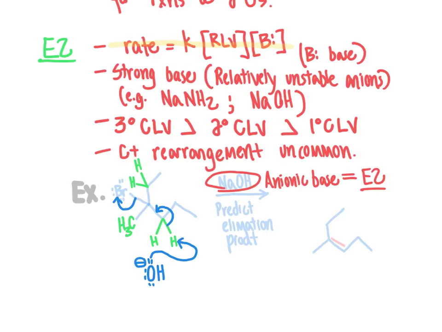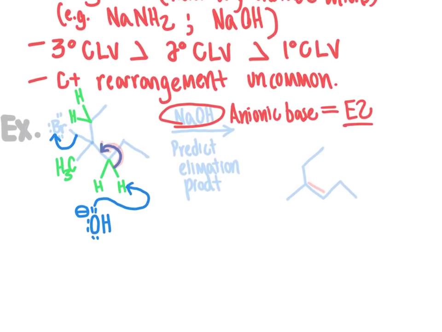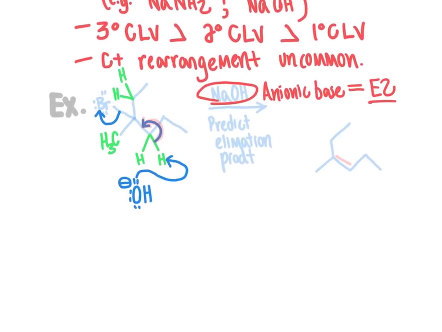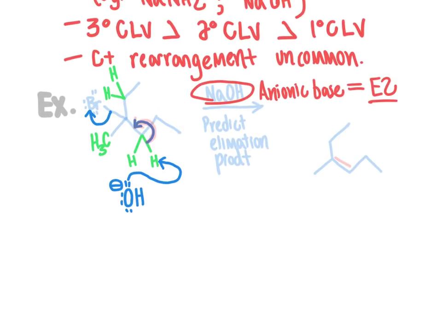So that's going to correspond to moving these electrons using that single double-headed arrow over from the carbon-hydrogen bond to make that new pi bond. And this isn't the only possible product, though. We could also make products that correspond to removing the beta hydrogens at the other 2 positions instead.